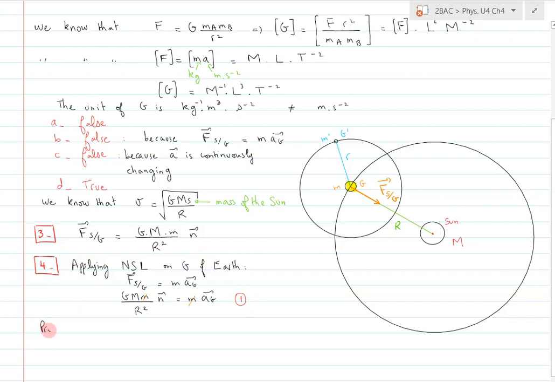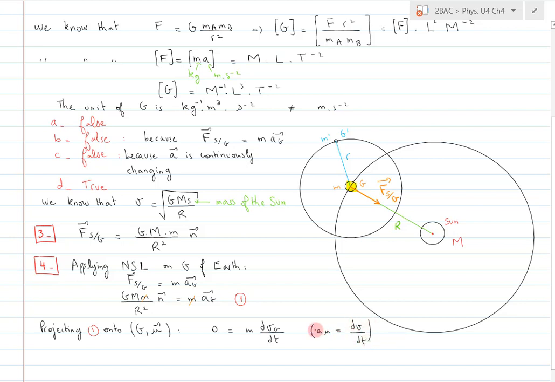So projecting equation 1 onto G U, this gives me 0 equal to m AG. So AU, which is in this case dVg over dt. As a reminder, AU, the tangent component of the acceleration, is equal to dv over dt.